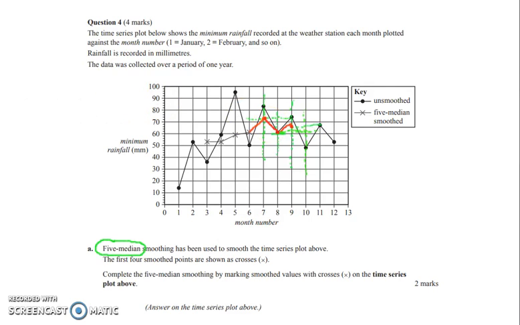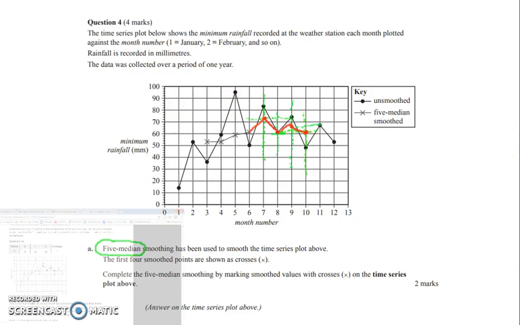If we place that last point in, we can join it back across there. And that's where we actually stop, because we don't have any more points over this side to make it 5 points, because we used this one as our 5th point. There's no more, so that's where we stop. So I actually only had to put 4 points in, and that's worth the 2 marks for the full question.